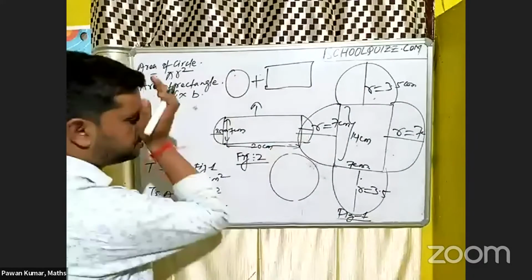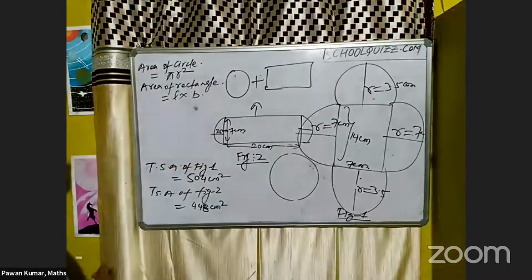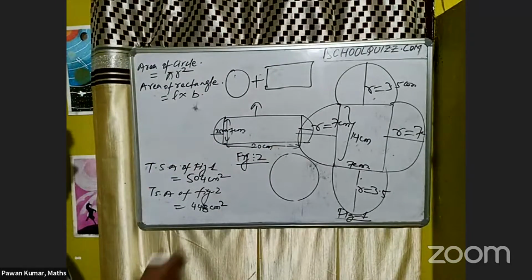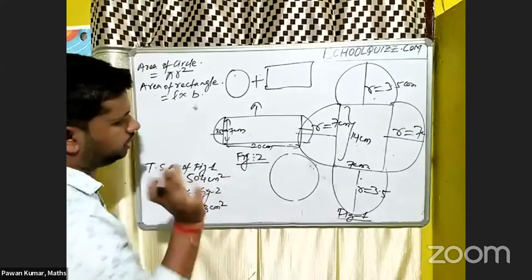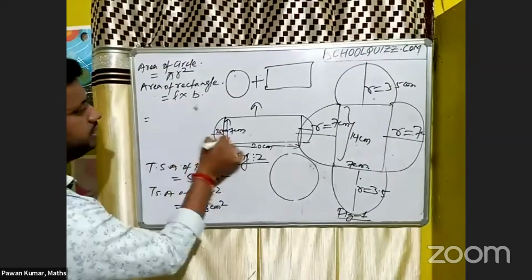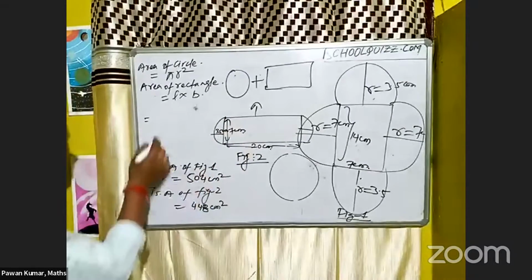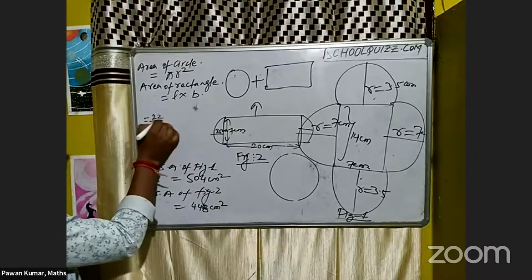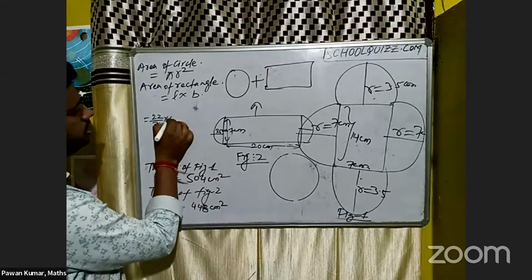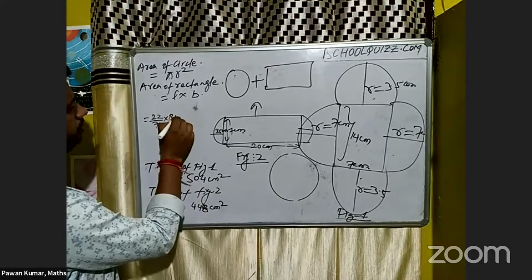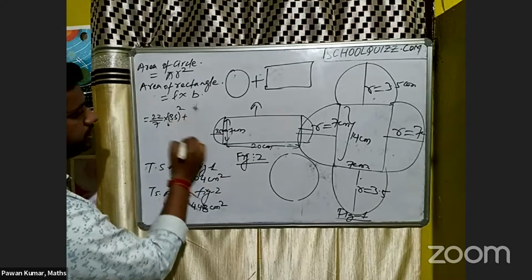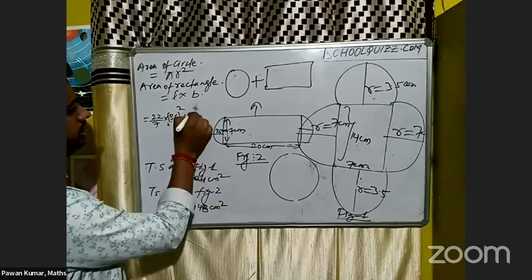This is a semicircle. If I join it, that will be one circle. So for figure 2, area of this one circle plus area of rectangle. Area of circle is 22 by 7 into r square, that is 3.5 whole square, plus area of rectangle is 7 into 20.